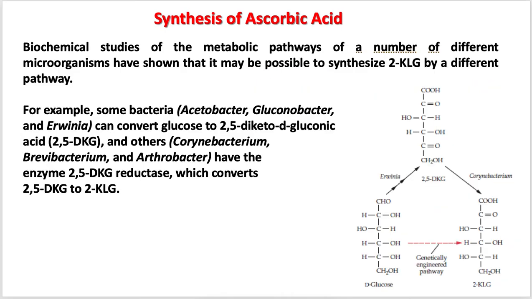Here are two different bacteria. Erwinia transforms D-glucose into 2,5-DKG, and Corynebacterium transforms 2,5-DKG into 2-KLG. So if we want to produce 2-KLG by fermentation, we have to use both microorganisms.